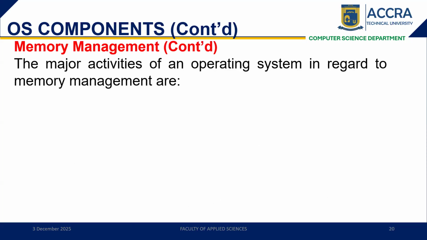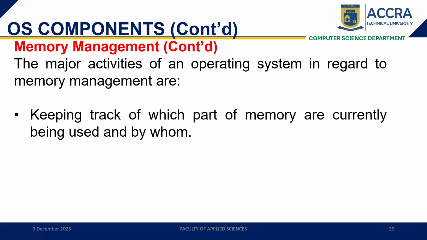That is it. So the major activities of an OS in regards to memory management are the following. Let's look at them. The first one is that in terms of memory management, every OS has to keep track of which parts of the memory are currently being used and by whom.